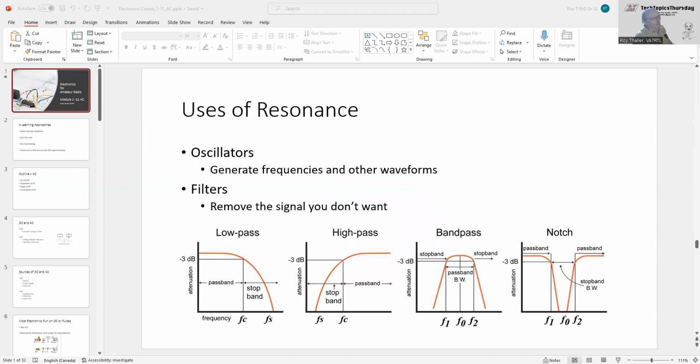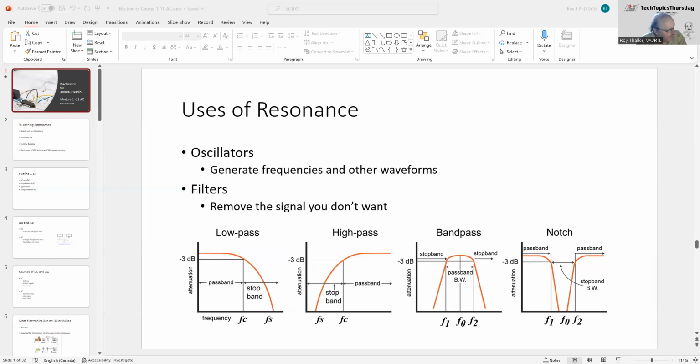One of the uses of resonance is to generate oscillators. We'll talk about oscillators in the advanced electronics course, but we'll cover filters in the basic course. By putting together various capacitors and inductors, you can get a low-pass filter, which just allows the low frequency signals to come through. You have frequency on the bottom and attenuation at the top.